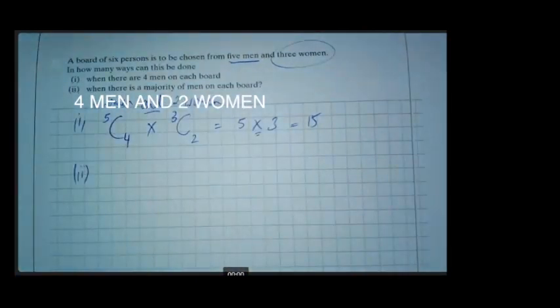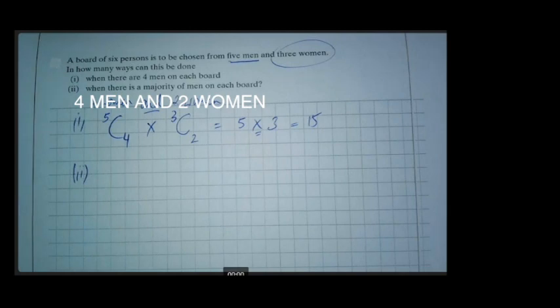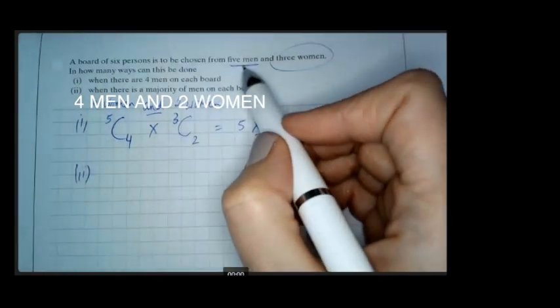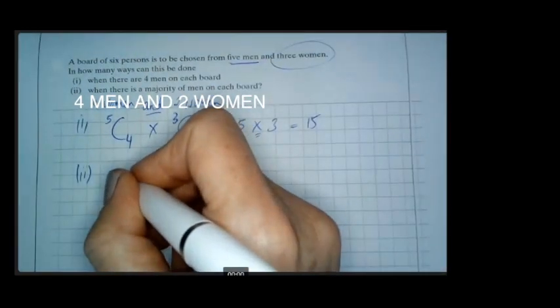Now in part 2, what about when there is a majority of men on each board? Okay, so let's start with the most men that we could have. And the most men that we could have, if we're choosing 5, is of course 5.